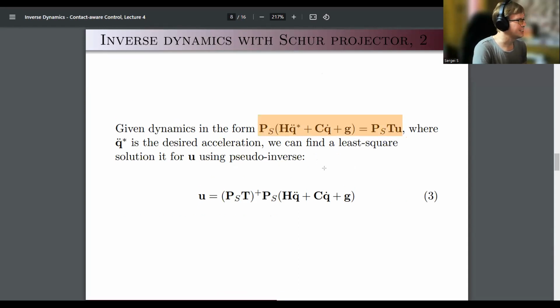Actually, this is laughably simple. The way we solve it is just using the pseudo inverse. We have a matrix in front and a vector here, and the matrix should be pseudo inverted. That's it.